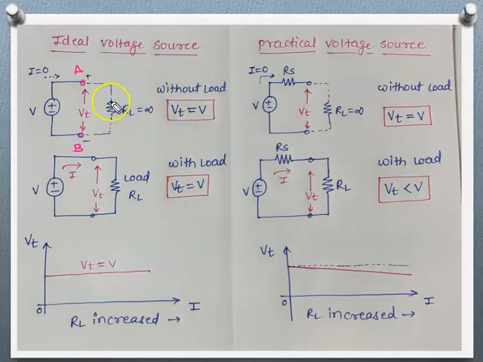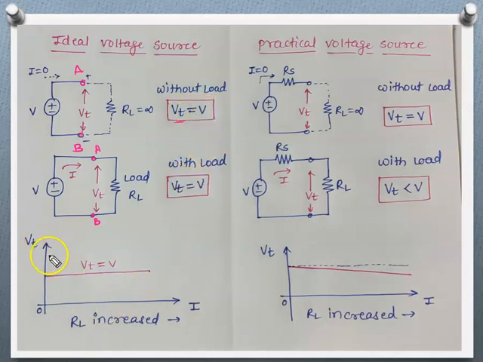Again, if the load resistance RL is connected between A and B, there is a closed path, so current I will flow from the positive terminal of the source to the load, and back to the negative terminal of the source. In this case also, Vt is nothing but the supply voltage V.